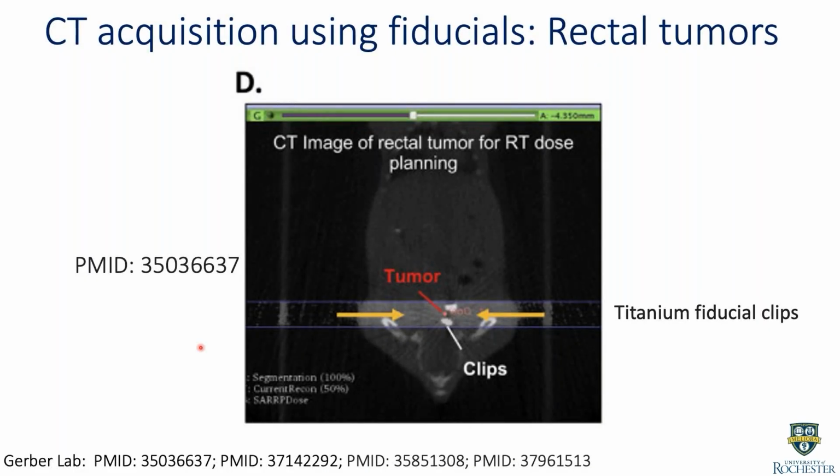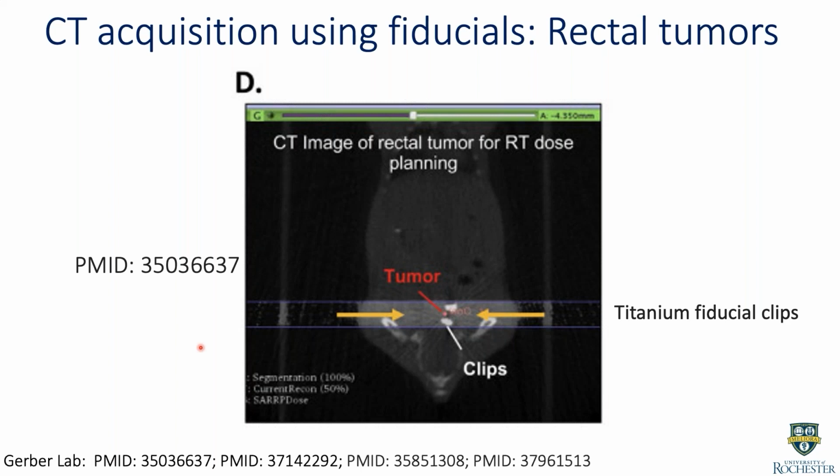I'd now like to discuss some development of an orthotopic murine model of rectal cancer in conjunction with targeted short course radiation therapy. So that's 5 fractions of 5 gray from Scott Gerber's group, and this is Taylor Zello and colleagues.